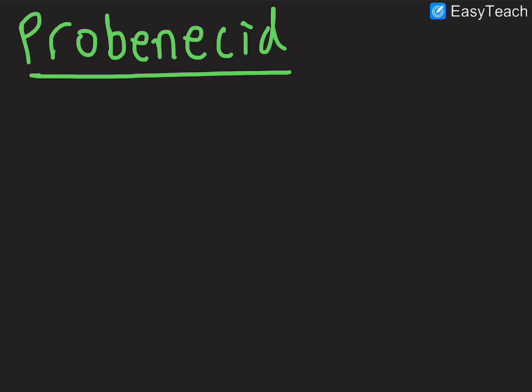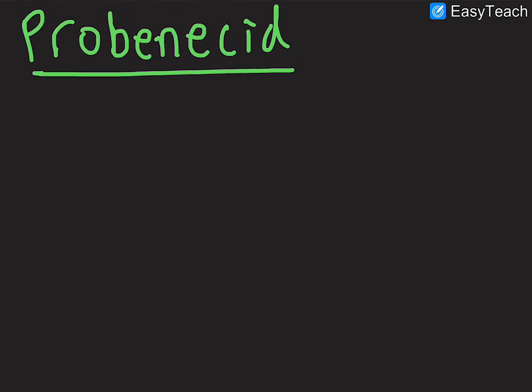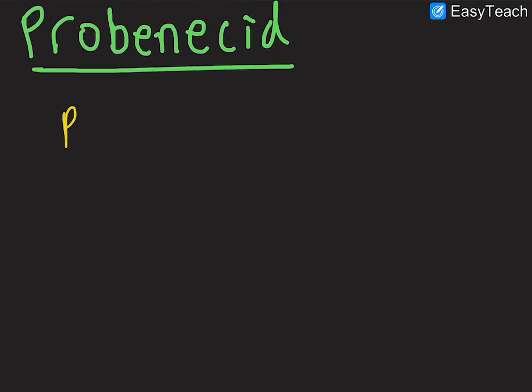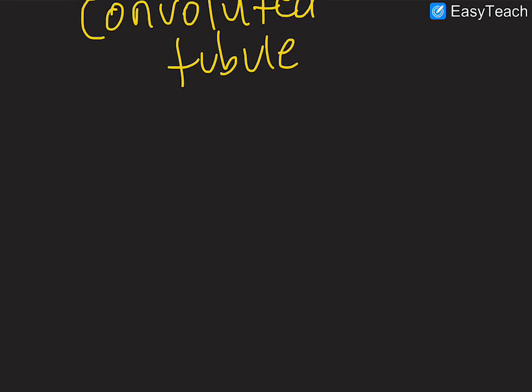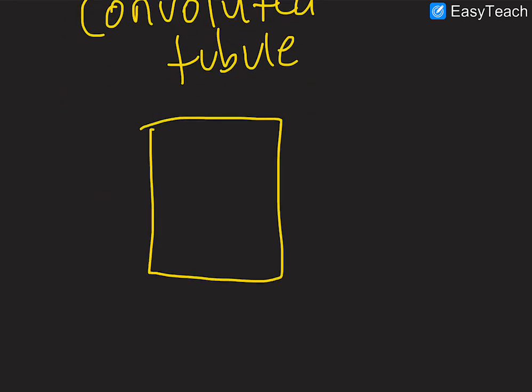Another drug we should talk about is called probenecid, and the mechanism of action is not going to be that long. Remember, in our kidneys we have a section called the proximal convoluted tubule. If we look at that more closely, let's say this is our tubular cell.